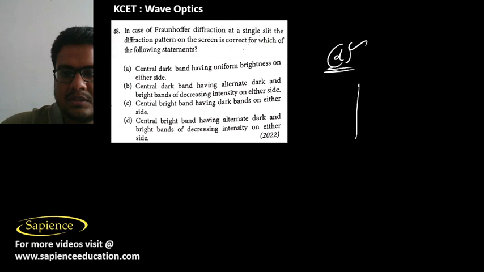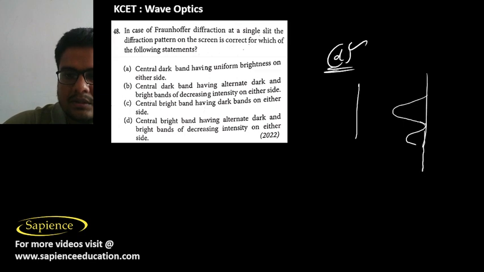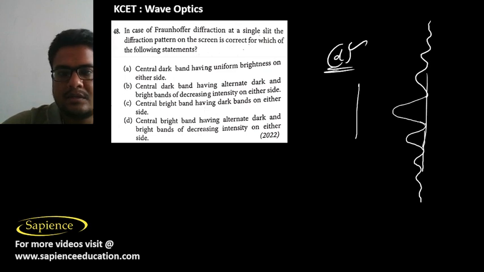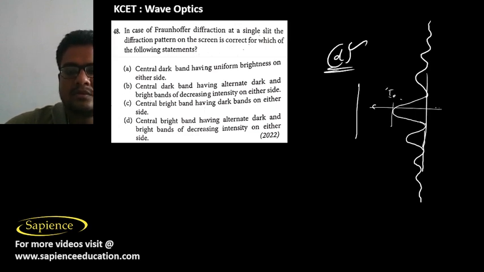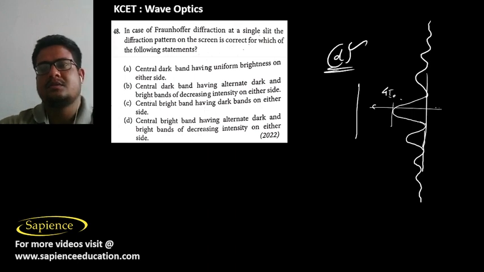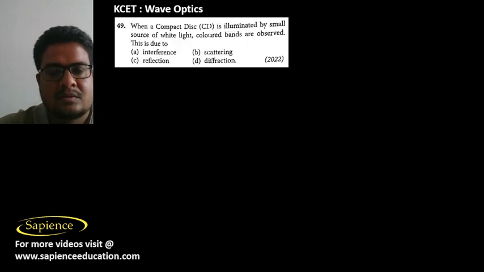Since for a single slit, the intensity distribution is somewhat like this. The intensity of the maxima will gradually decrease, and the central bright band has the highest intensity, which is 4 I naught.